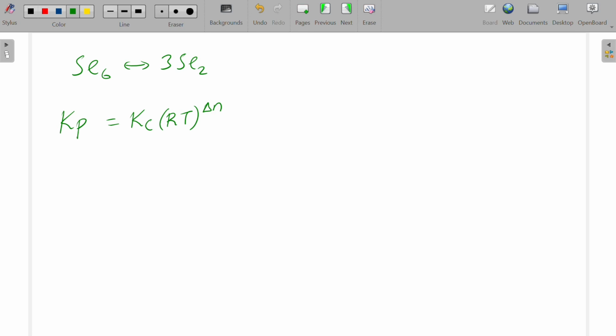So since we are looking for Kc, we'll make it the subject. We'll say our Kc will be equal to, on the other side, we'll have our Kp that will be divided by RT, that will be given to the power of change in n. So all we have to do here is, again, just do the replacements.